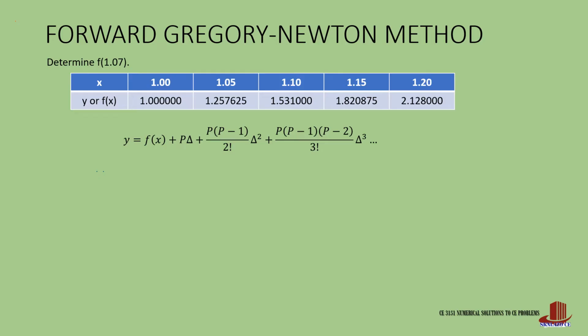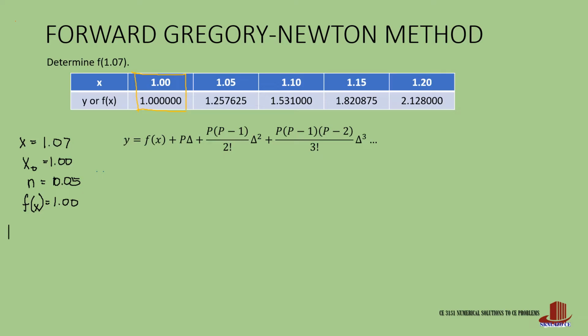Now let's plug our values. Our x is still 1.07 and x naught this time, taking the real initial value of x from the table, would be 1.0. N is still going to be 0.05, and our f of x would be 1.